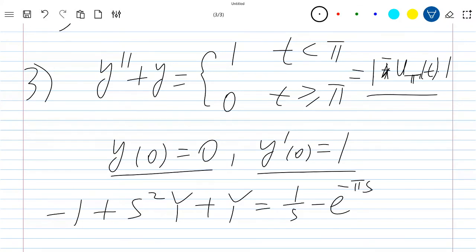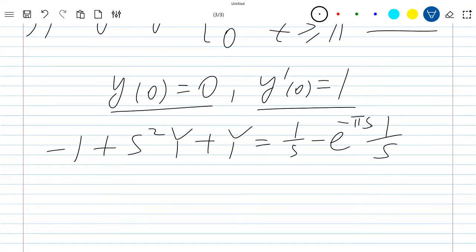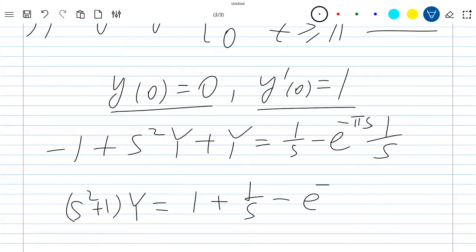And you don't need to replace anything in 1 because it's a constant, so it's still 1 over s. Okay? So let me move this 1 there, so we have s squared plus 1 y equals 1 plus 1 over s minus e to the negative pi s 1 over s.